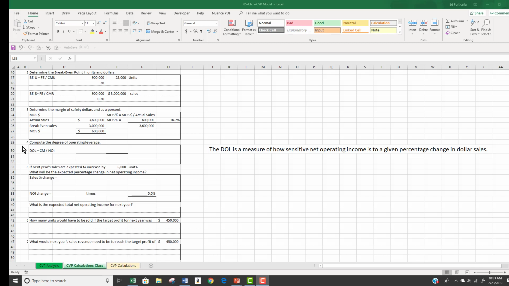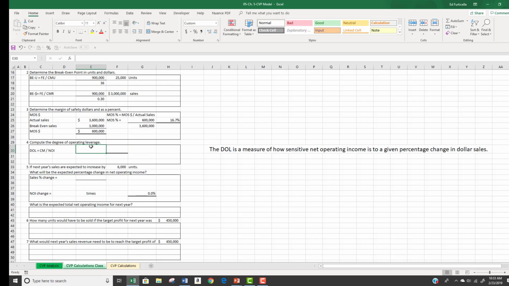Our next problem asks us to compute the degree of operating leverage. The degree of operating leverage is a measure of how sensitive net operating income is to a given percentage change in dollar sales. All right, so you'll see how this works in a minute. So the degree of operating leverage is always the contribution margin over the NOI.